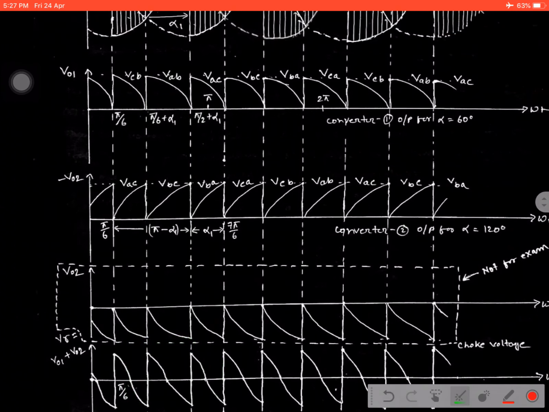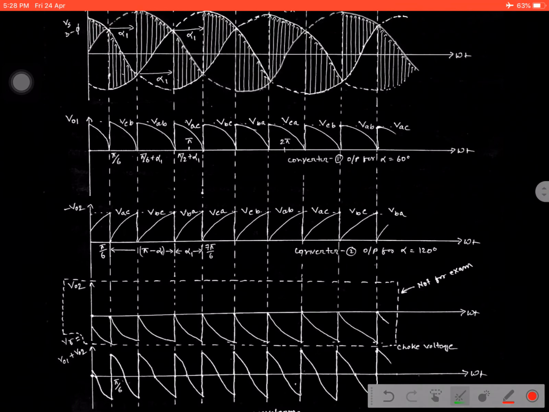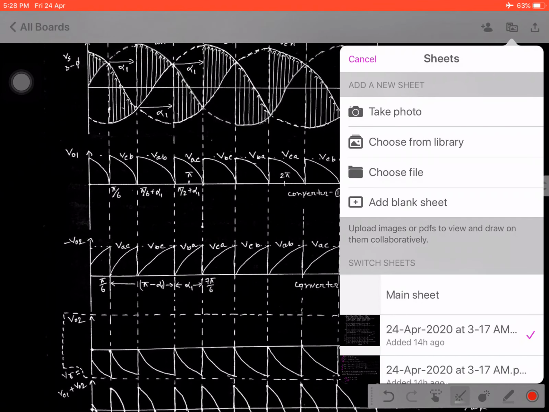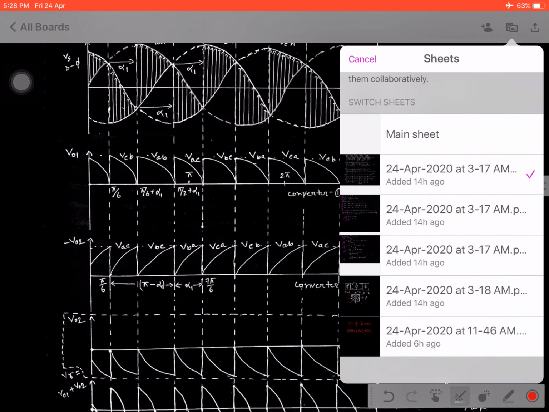I am maintaining a process, so just see my process carefully. First, again notice in this particular region, pi by 6 plus alpha 2, pi by 2 plus alpha, VAB is a kind of shape and VBC is a kind of shape. Now you can draw the shapes on another platform.